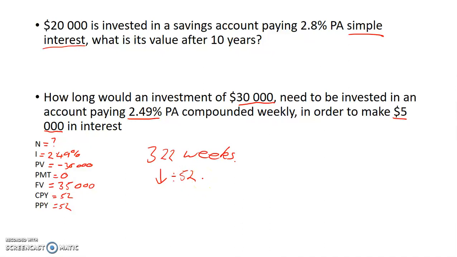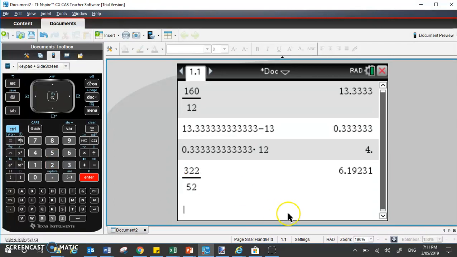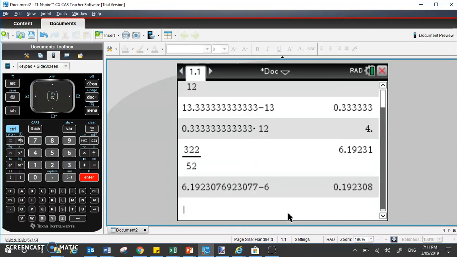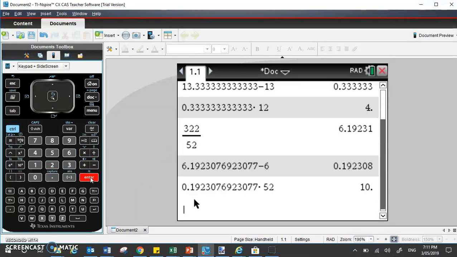I'm going to go back to a calculator for these steps. We've got 322 weeks. We're going to divide that by 52 to find out the number of years. That gives us 6.19 years. I'm going to take away the 6 years from the front because that's my whole number of years. So take away 6, leaves me with 0.1923. I want to find out how many weeks that is, so I'm going to times that by the 52 weeks that are in a year. It tells me it should be 10 weeks.